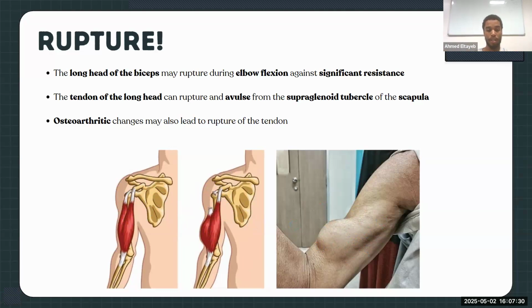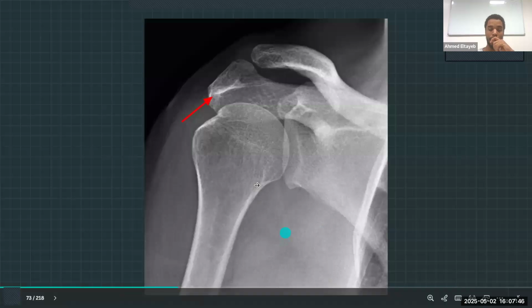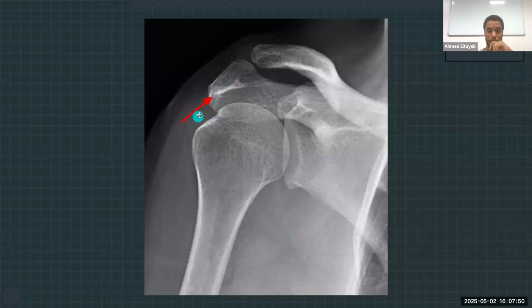Osteoarthritis leads to some bone fragments forming around your joint. And this can lead to the bone fragments cutting your biceps tendon, and this would lead to rupture. So it's just a fun fact, but in osteoarthritis, you have formation of something called bone spurs, and these bone spurs are very sharp fragments, and it can lead to rupture of the supraspinatus tendon. Oh, sorry, long head of the biceps.